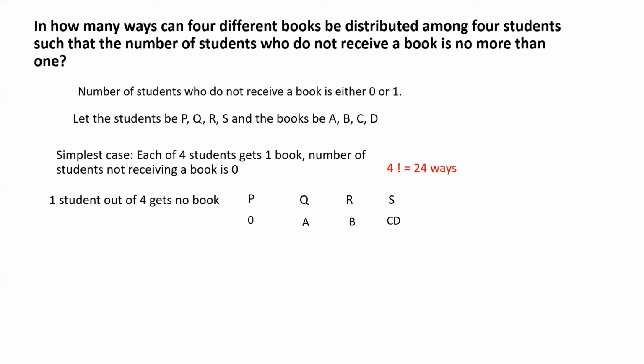But when you consider Q, R, and S, they can be permuting amongst themselves in factorial 3 ways, which essentially means that instead of S getting the 2 books CD, R may be getting the books CD and S may be getting B, or S may be getting A, or Q may be getting CD.